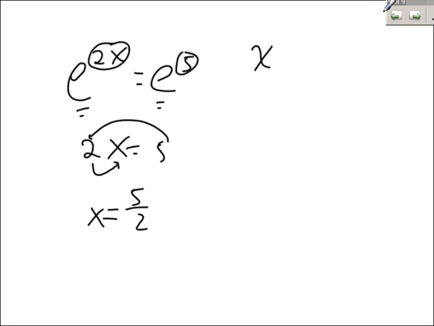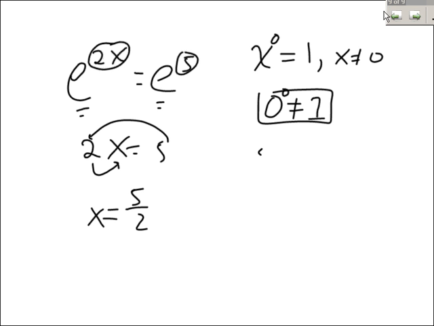Remember, x to the 0 is equal to 1, provided x is not 0. 0 to the 0 is not 1, okay? But 5 to the 0 is 1. 7 to the 0 is 1. Negative 2 to the 0 is 1.